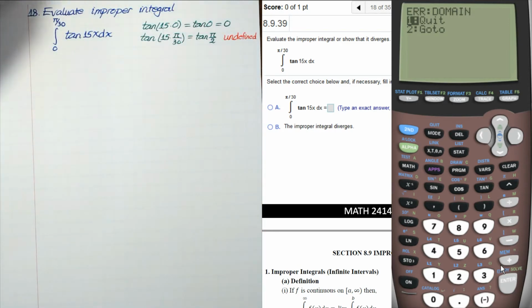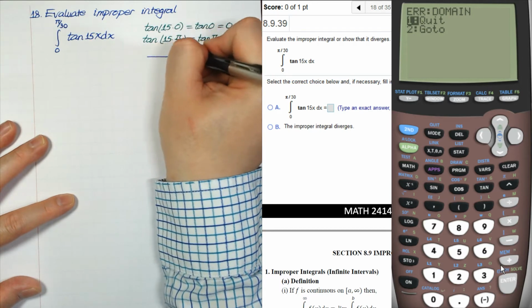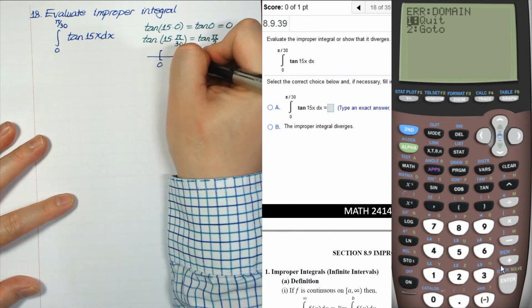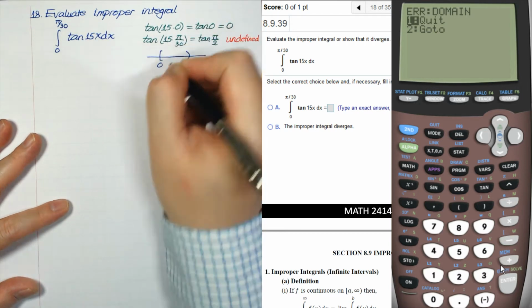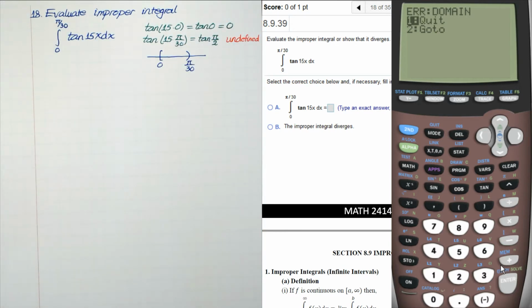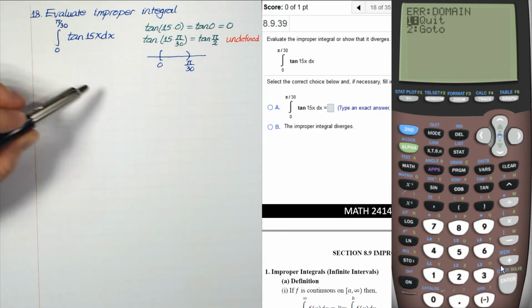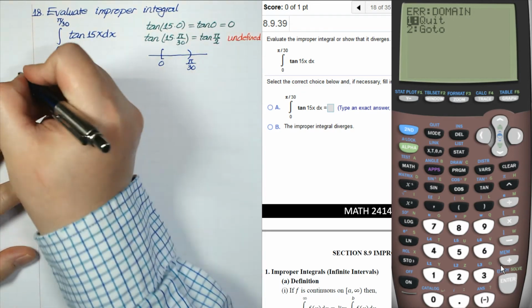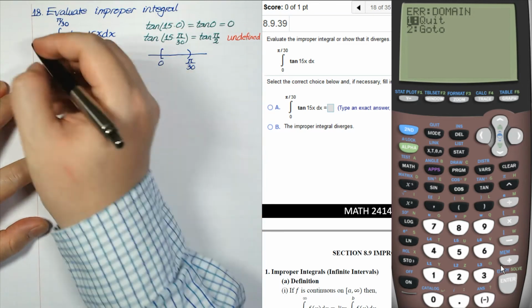So in this problem, the interval that we integrate cannot include pi over 30. So we just put parentheses around it. Right, so there's a problem with the interval, and in particular the upper limit. So let me rewrite the problem.